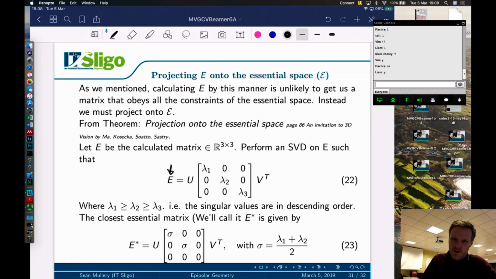These are all going to be 3 by 3 matrices rather than 9 by 9 in this case. We'll do the singular value decomposition, and we'll probably find that these are all non-zero. But if we've ordered them, this one will be the smallest and hopefully close to 0.